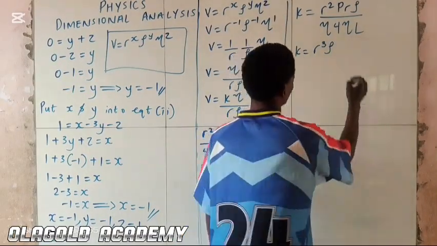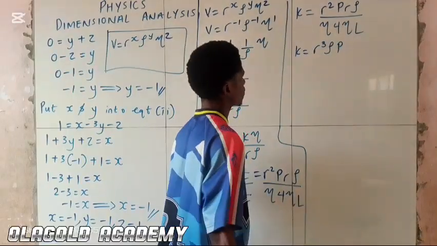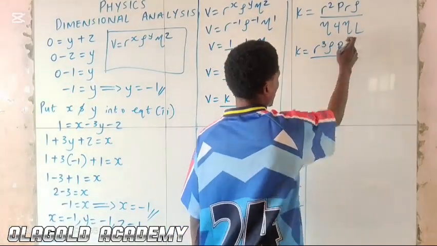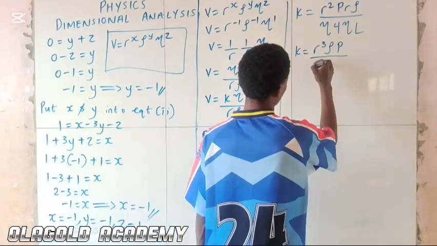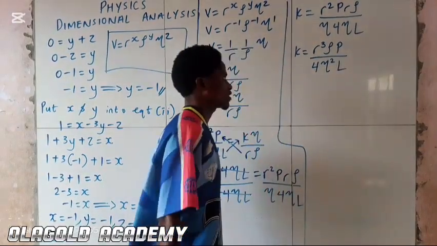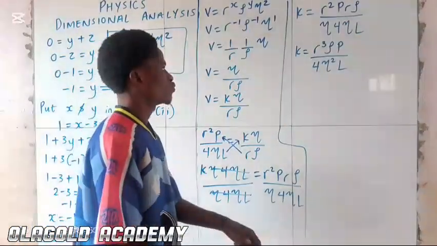Then we have p over, eta and eta are the same thing, so 4 eta squared times l. You could stop this way.